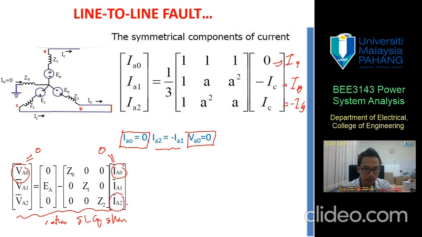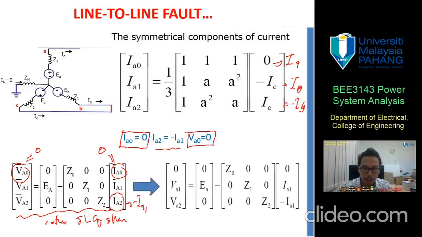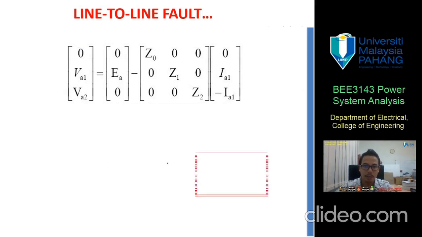So IA2 now is minus IA1, so that you're going to get this matrix, with IA1 and minus IA1, while VA0 is 0 here. Then we proceed to solve the matrix.